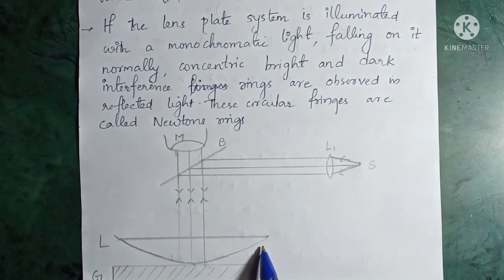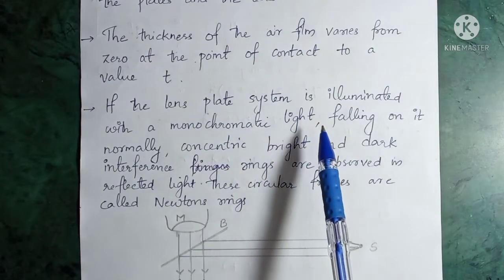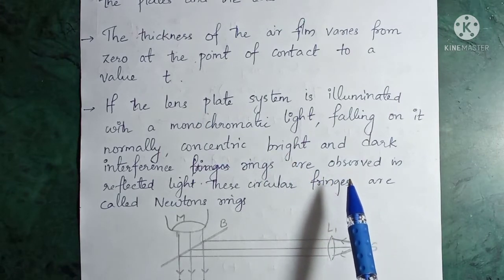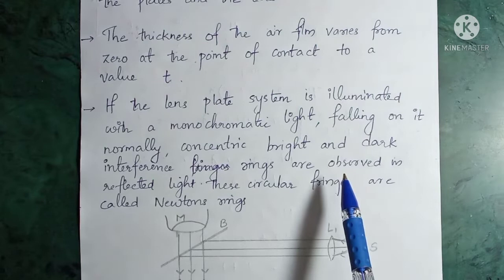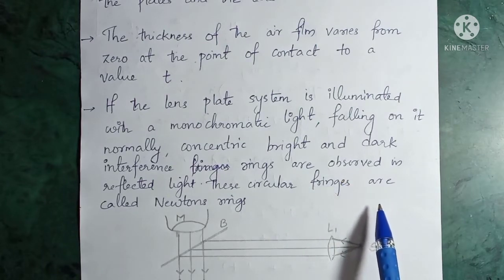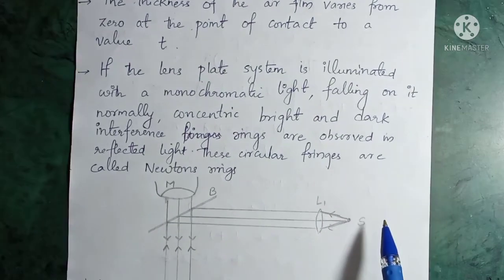If the lens-plate system is illuminated with monochromatic light falling on it normally, concentric bright and dark interference rings are observed in the reflected light. These circular fringes are called Newton's rings.